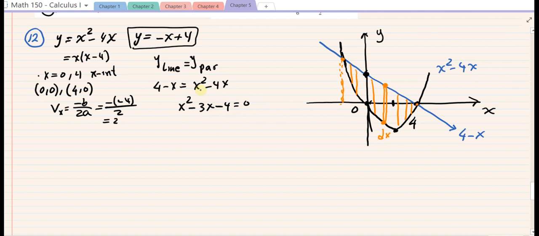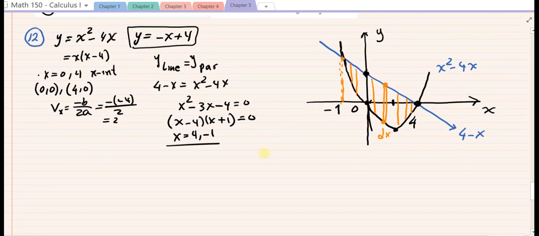And sure, that looks right. And then we can factor this one. We can go x minus 4 times x plus 1 equals 0. And x would be 4 and negative 1. And here's at 4 where they cross. The other place they cross is at negative 1. All right. And we're good to go.